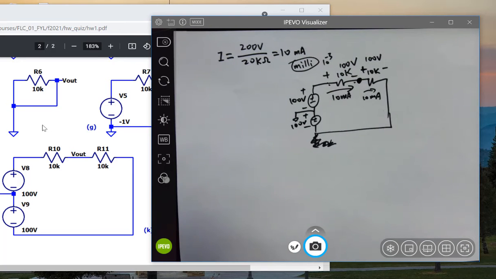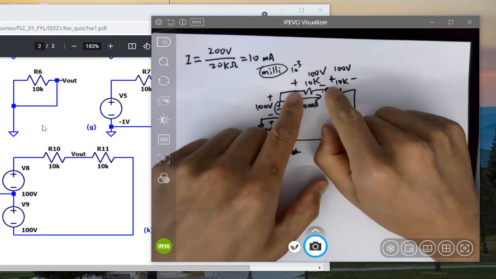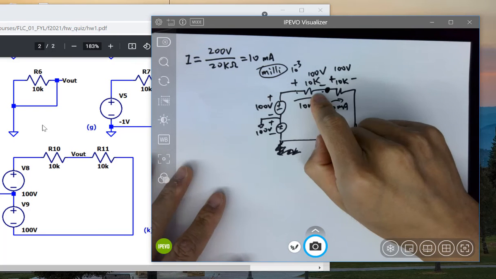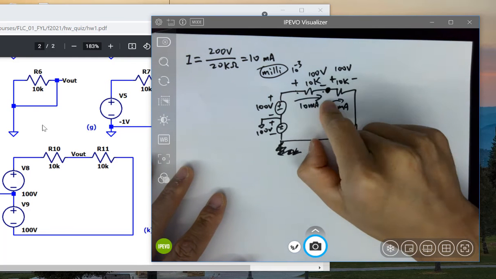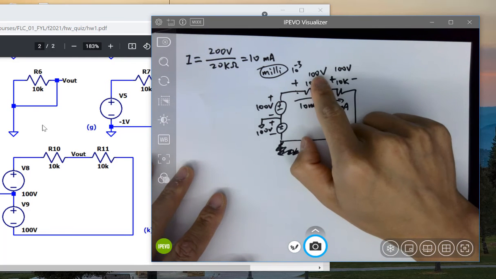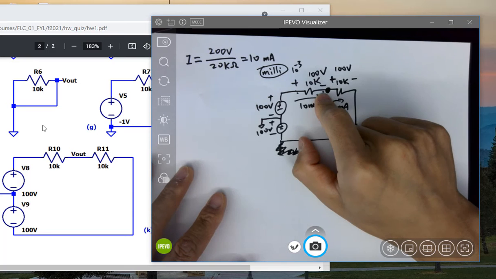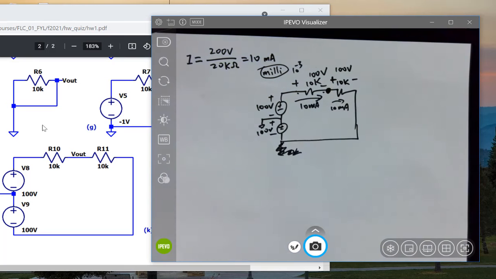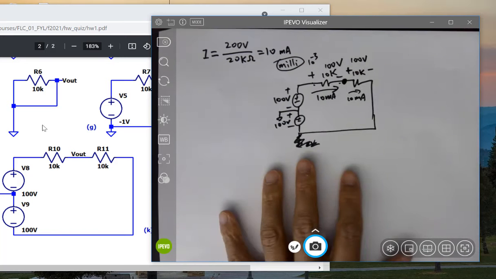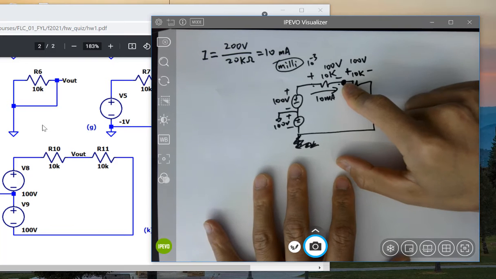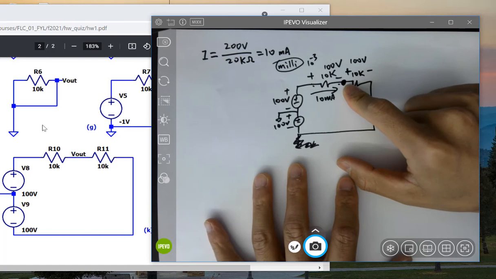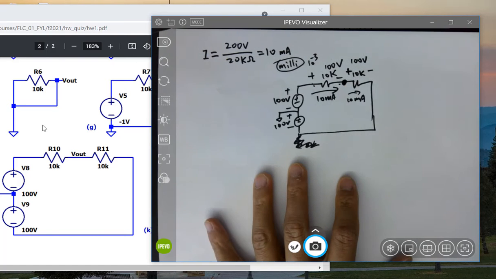Remember, all the voltages are kind of relative. That's why when we talk about the voltage drops across the resistors, we have to say it's being dropped from where to where, right? This 100 volts is being dropped from here to here. That's the regular way we talk about voltage. But sometimes we also want to say the voltage at this point, because this point is labeled as V out in the circuit.